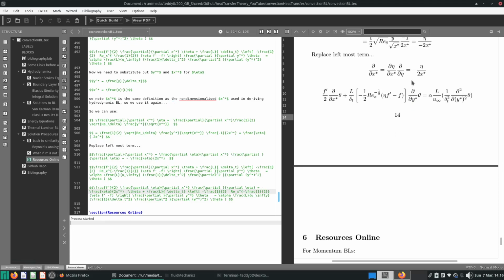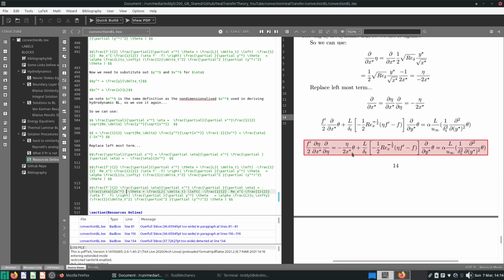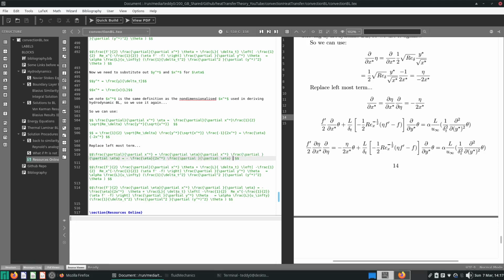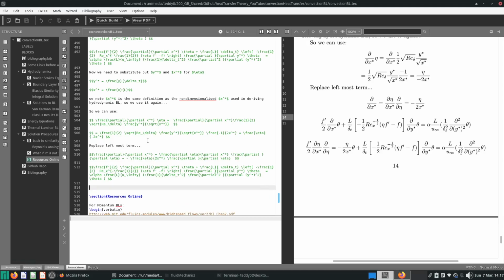So we have minus eta over 2x star. Yes, I think del by del eta is missing. So replace the leftmost term, partial by partial eta is over here, which should be pasted here. Wow, what did I just do? Okay, let me try again.